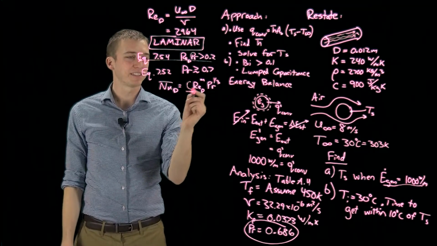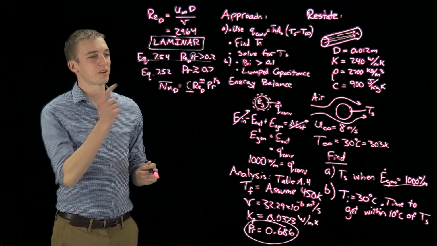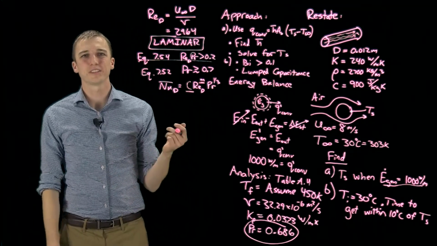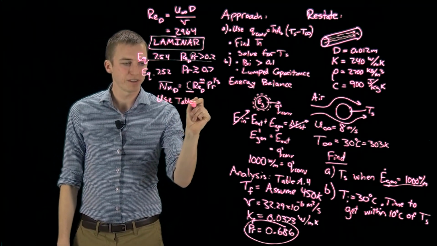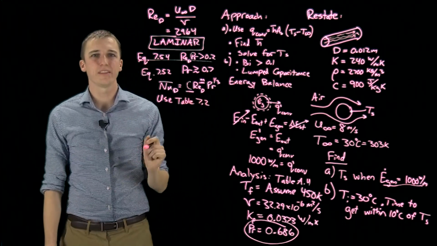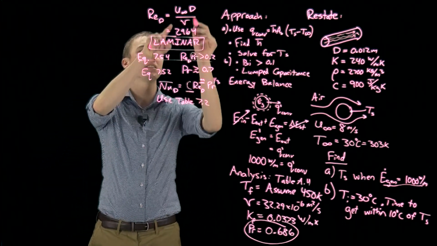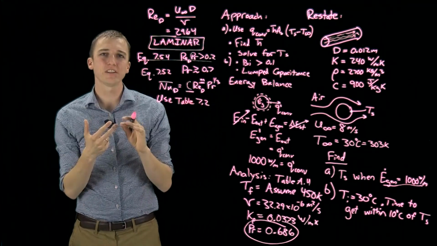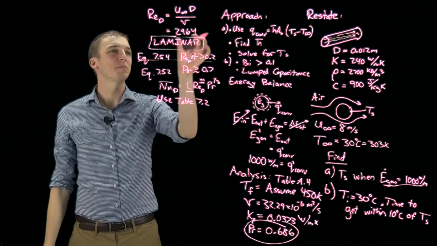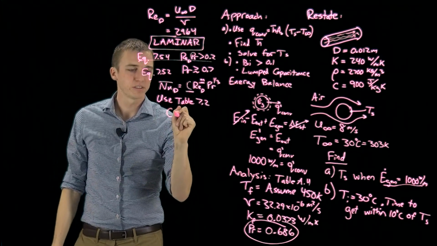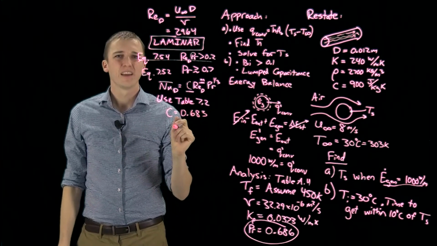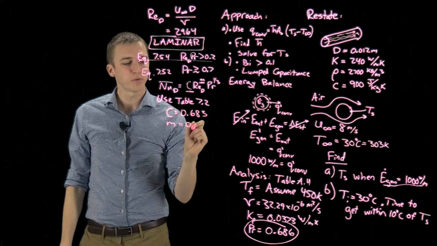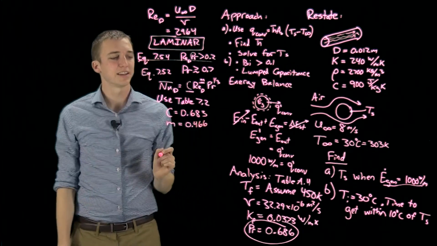You notice we have a C and an M, and you say, those are not numbers. How do I use this equation? Well, we use table 7.2. And there we look up for a given Reynolds number range. It gives us constants. So for a Reynolds number of 2964, using that table, we know that C is 0.683 and that m is 0.466.